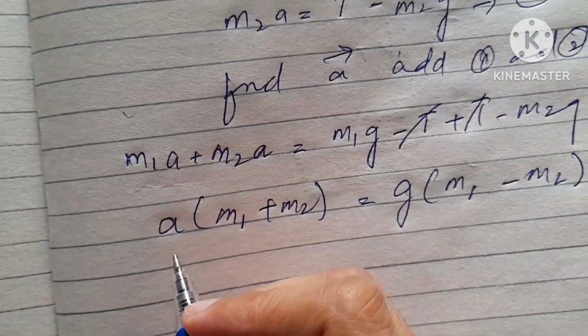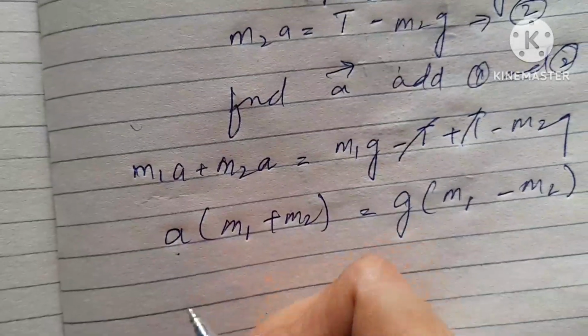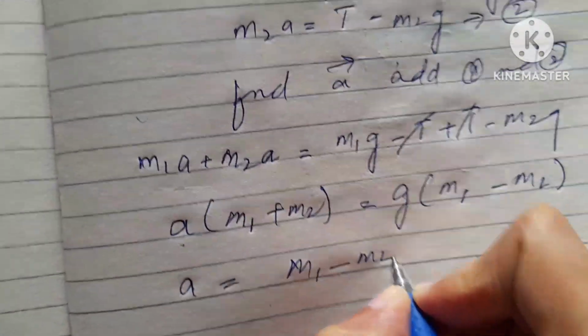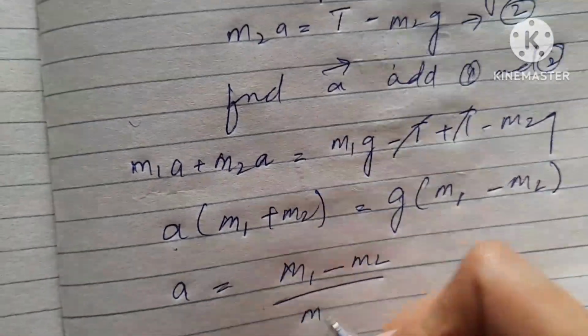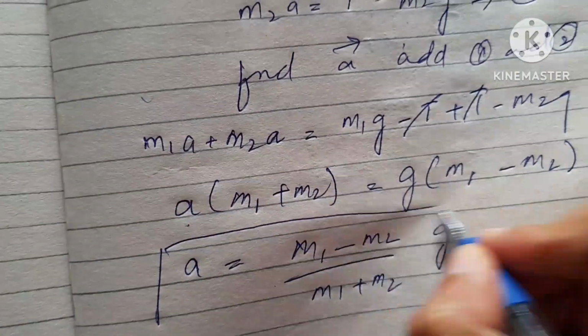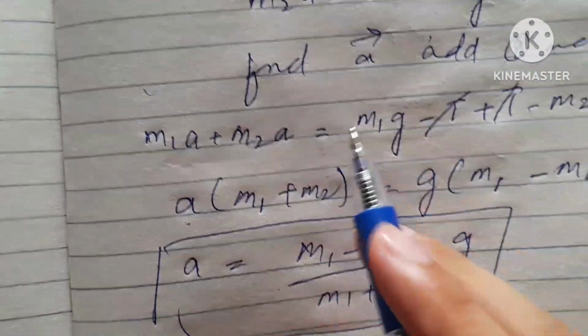As we have to calculate the acceleration, acceleration a is equal to m1 minus m2 divided by m1 plus m2, times g. It is the acceleration produced in the string.